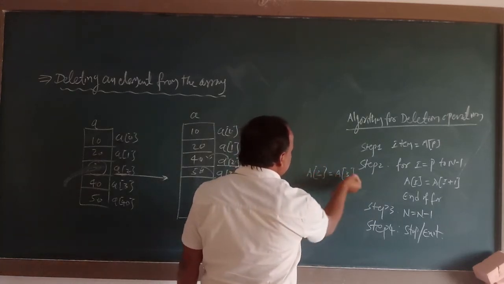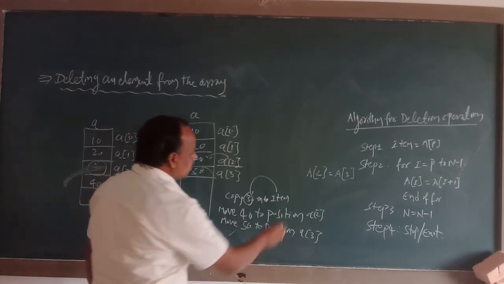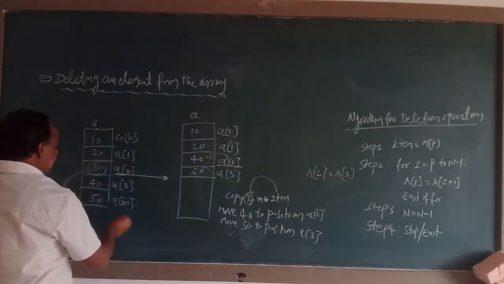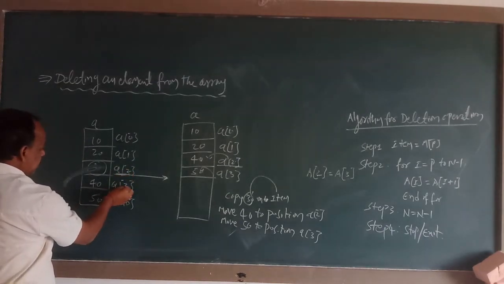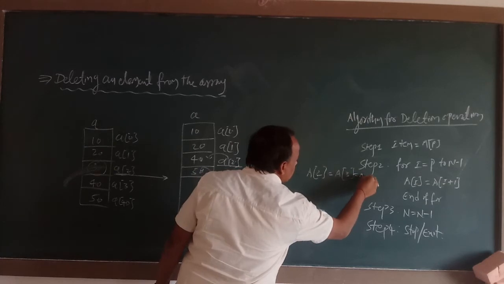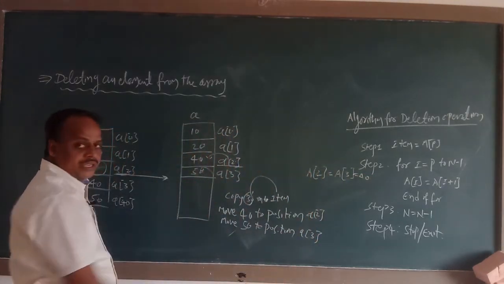What is there in A of 3? 40 is there, means this 40 is assigned to A of 2. Therefore in A of 2 we placed 40.